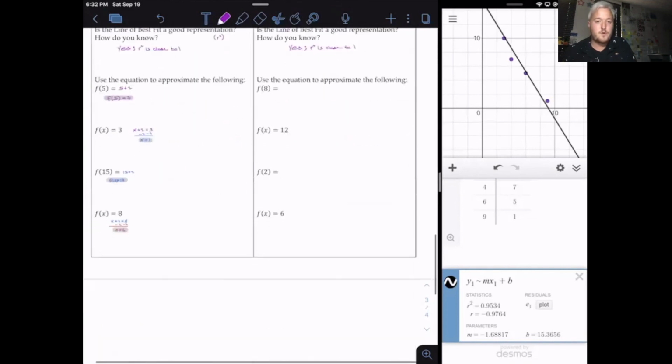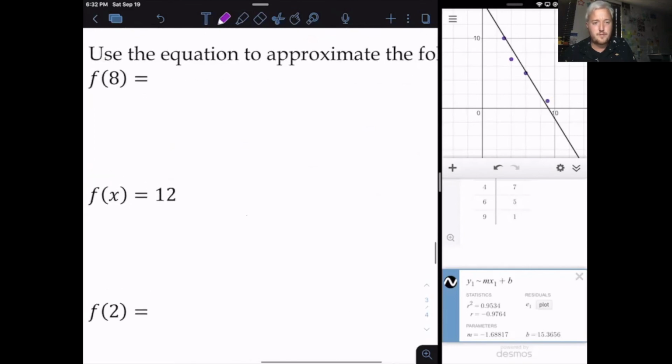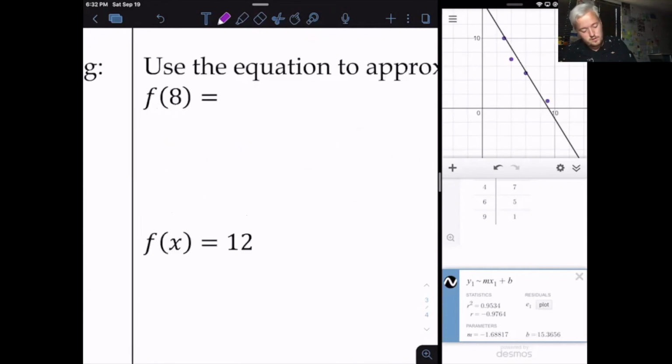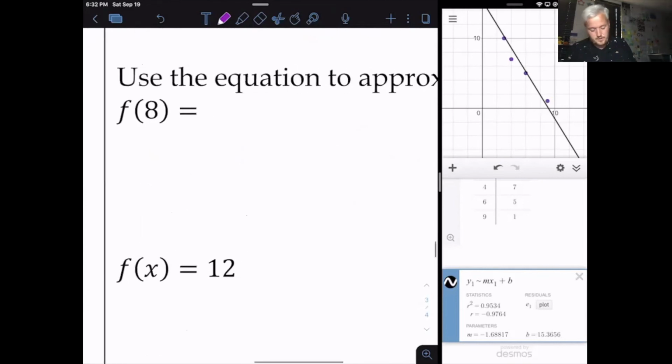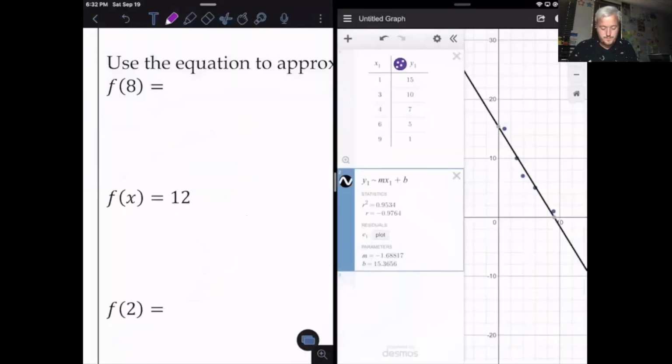Okay, so once again, now we're going to be interpolating and extrapolating. We want to find f of 8. So I'm going to plug in. This is where you can use your calculator. Over here, I'm going to use Desmos.